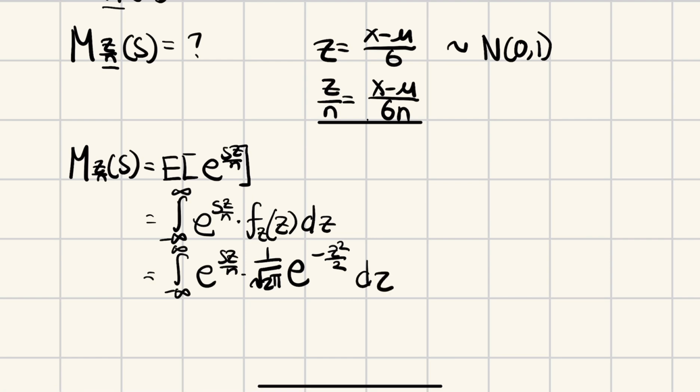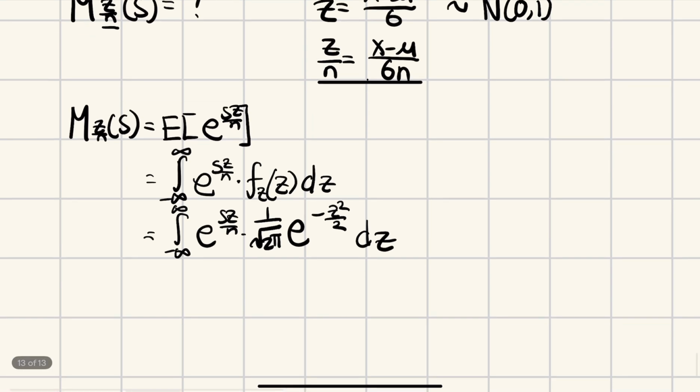This is the definition of a standard normal distribution, which can be found in a textbook. And then we combine the two Euler's numbers. You just add the exponents together.